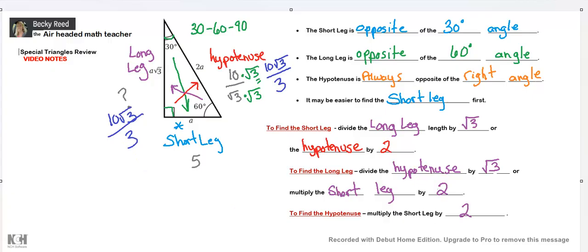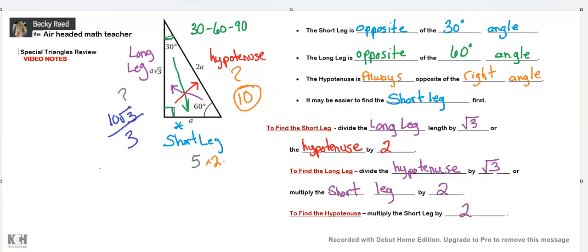All right. Okie doke. So now what if we did not know the hypotenuse? You don't know what that one is. You could simply multiply the short leg by 2. So 5 times 2 would give us 10. That would be easy peasy.